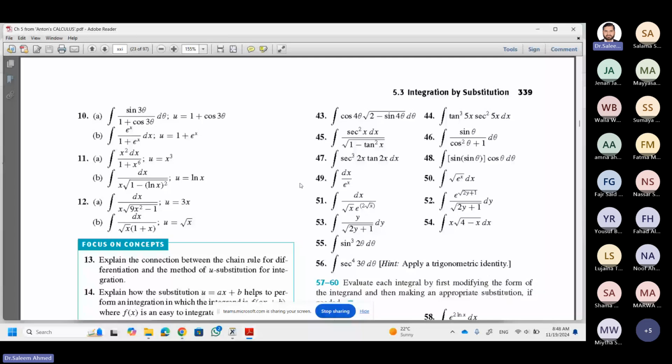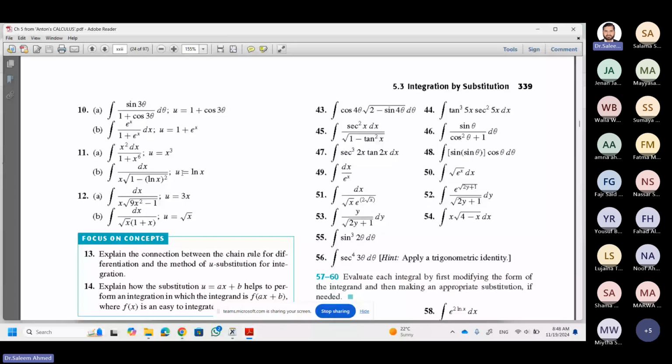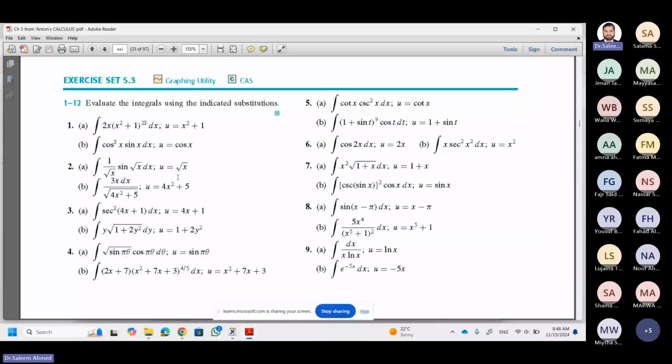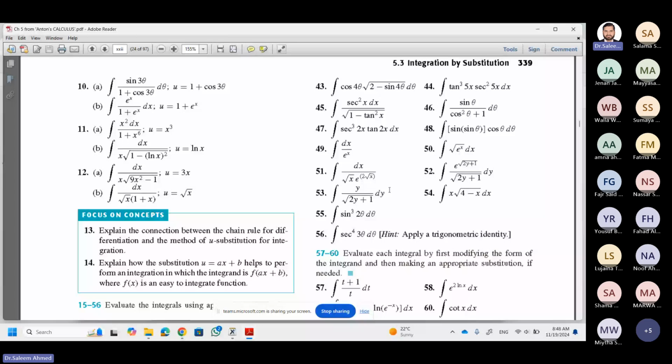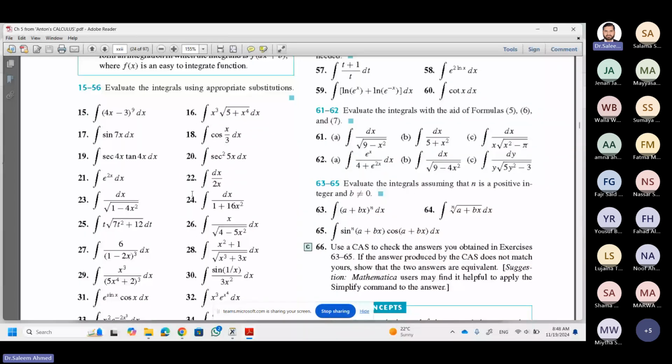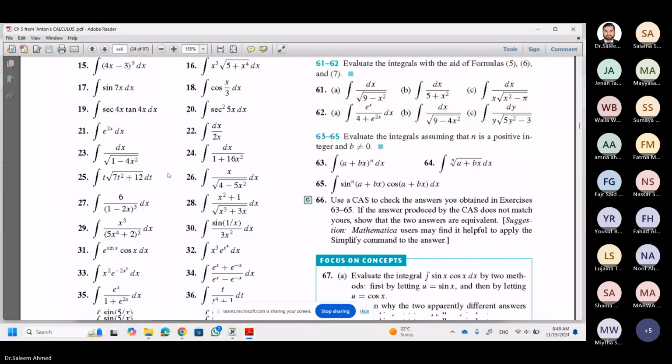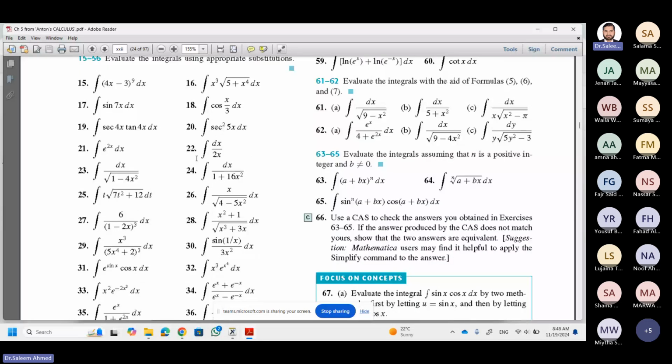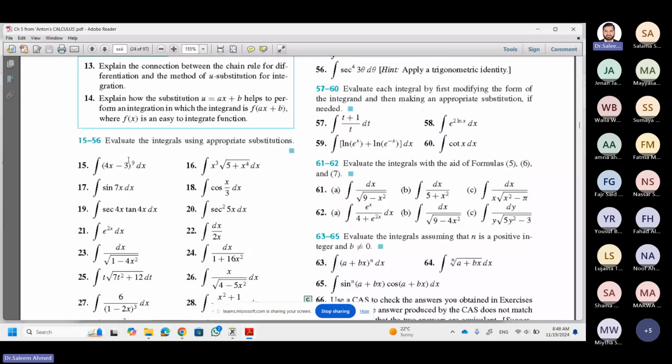All the substitutions were given, and that's why this was a little easier. After that, substitutions were not given, and we tried some from here as well. We can do some from here, maybe the 16th problem.